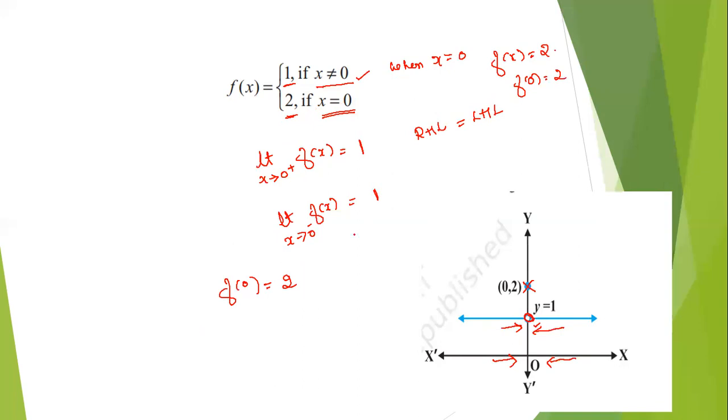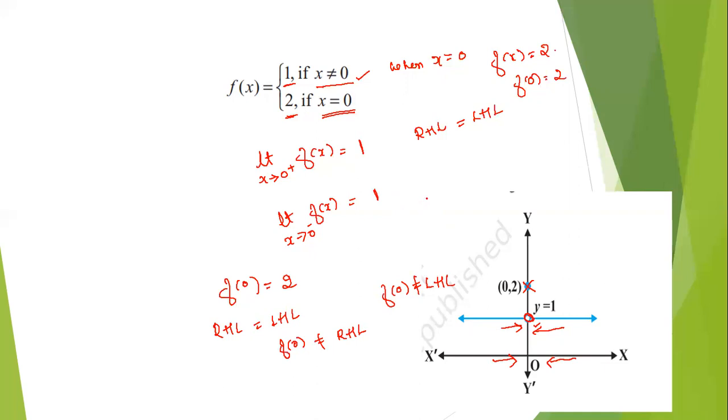So here, even though our right hand limit and left hand limit are equal, our functional value is not equal to the right hand limit, and f of 0 is also not equal to the left hand limit. So we say that this function is not continuous. So when do we say a function is continuous?